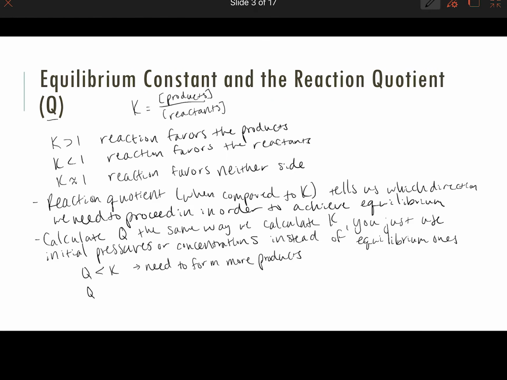If our Q value is greater than K, then our products are too great, or our reactants are not enough. So we need to form more reactants. And then, of course, if Q is equal to K, we are at equilibrium.